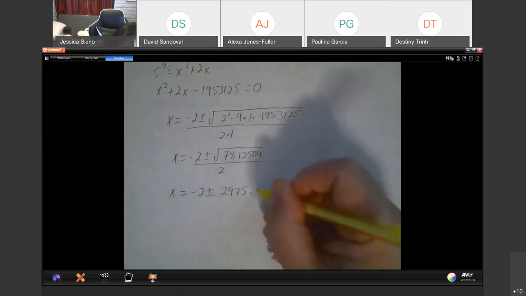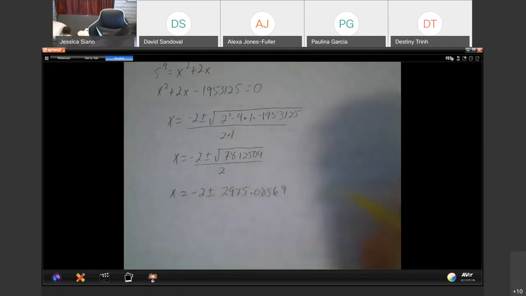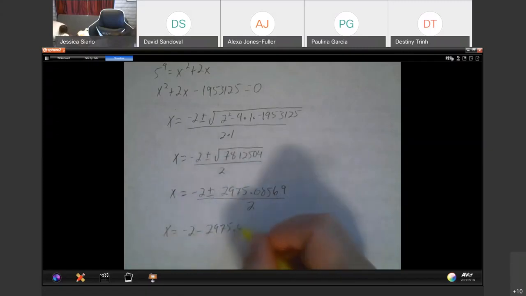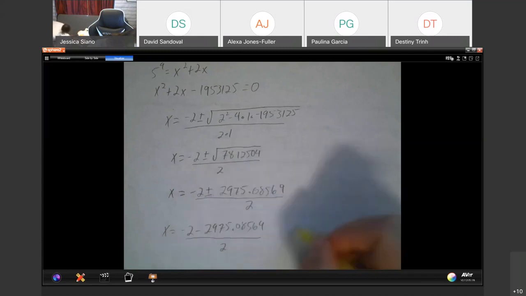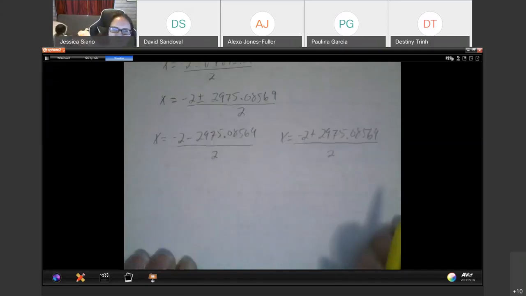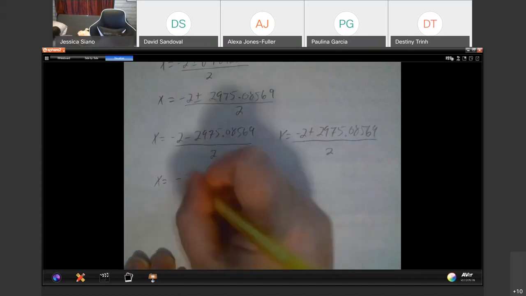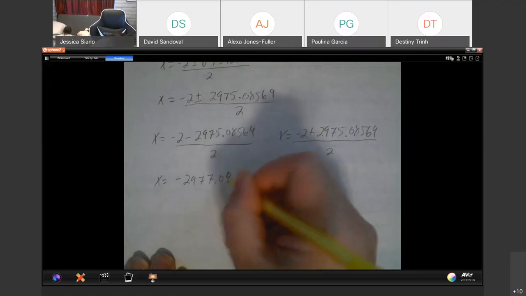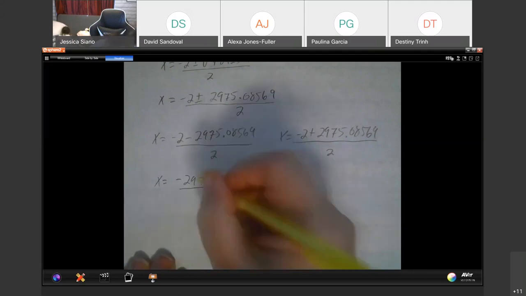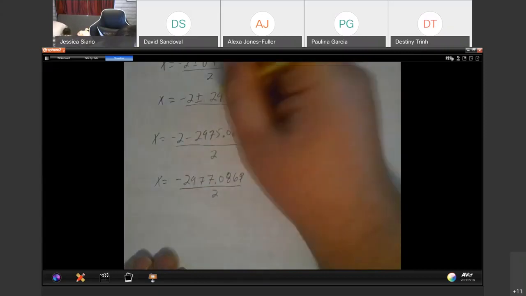Four places. So I split it. Oh, I inverted those numbers. It's 279.